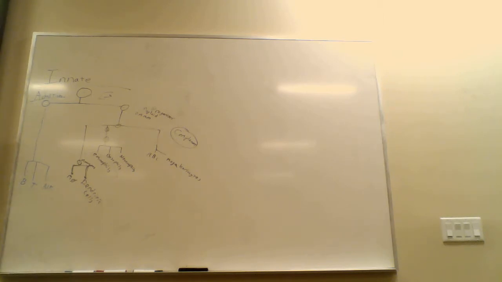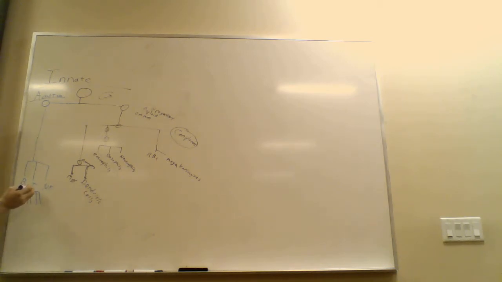Okay. Now, B cells we'll get to in a little bit. T cells have a few subtypes, so I'm going to go ahead and put those in. Okay? So T cells, there are 4 subtypes that we care about presently.